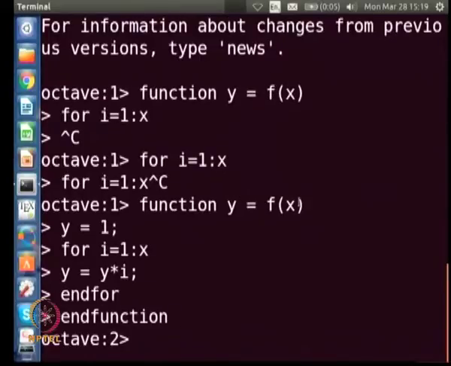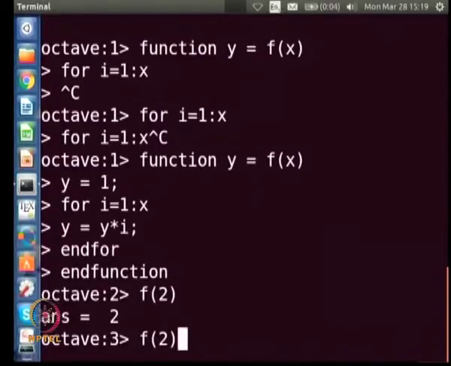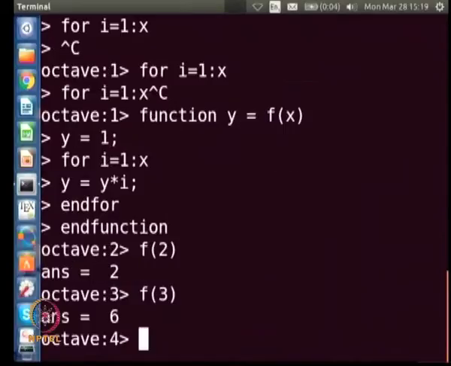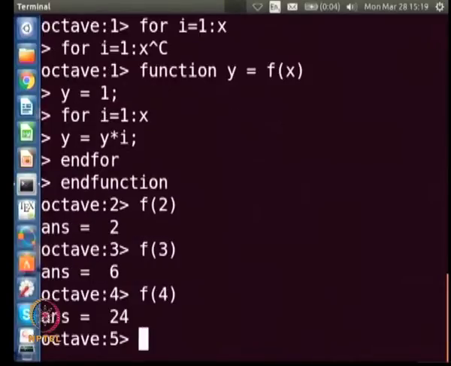So what does it do? If I give 2, it multiplies 1 into 1, and then the resultant 1 is multiplied by 2. So it will return 2 factorial. If I say f of 2, it will give me 2, f of 3 is basically 6, f of 4 is 24, and so on. It is basically returning me the factorial.